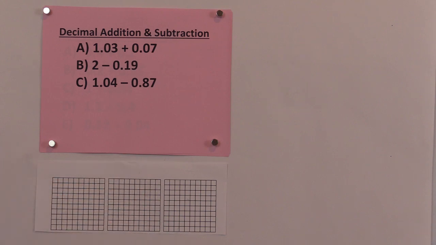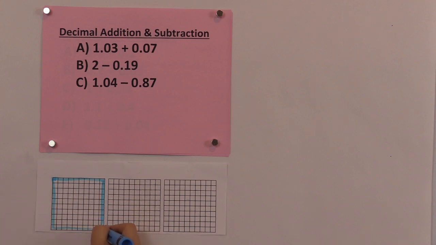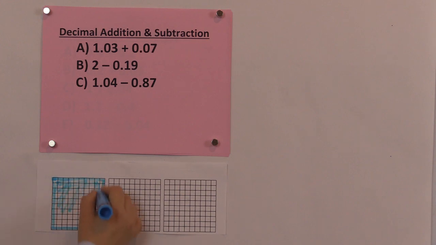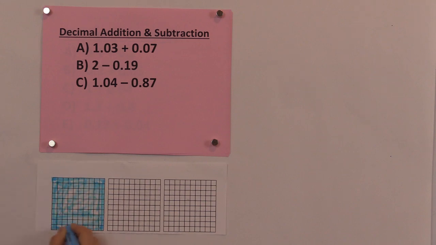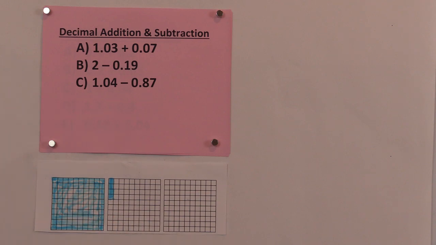So I have colored in 1 whole, and what else? 4 hundredths, not tenths. So only 4 little squares. And I'm going to take away 87 hundredths.